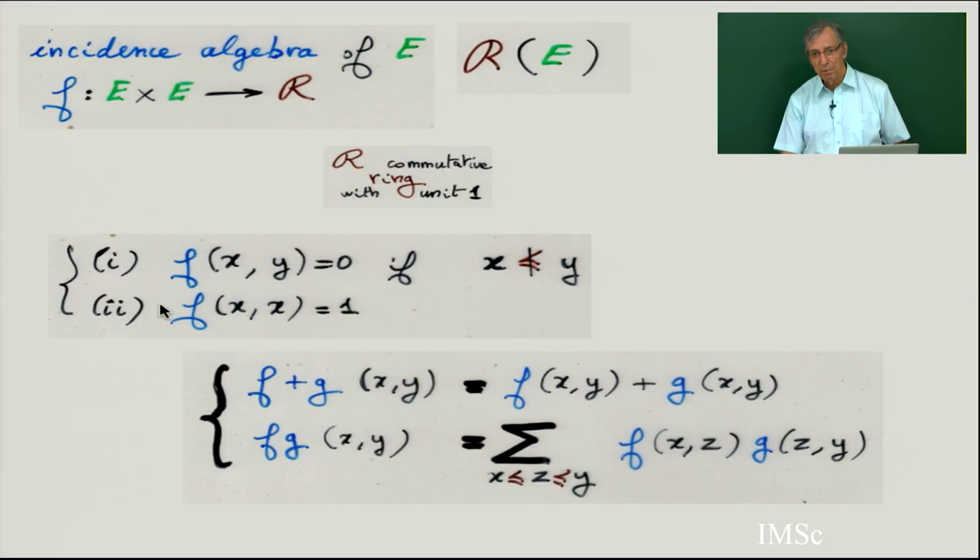Usually I don't need this, but it's better to restrict functions like this, because f of two incomparable elements you don't need, it's only for pairs xy with x less than y. So this is an algebra with this product. The most important thing to remember is this: the product is like a convolution product.